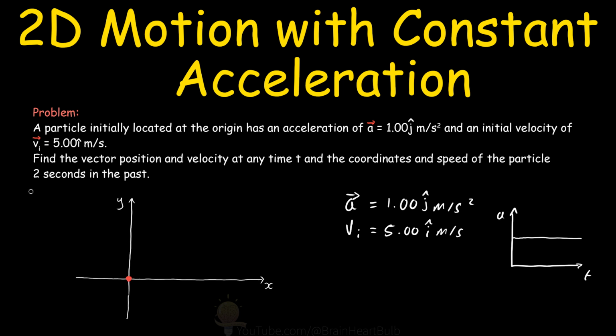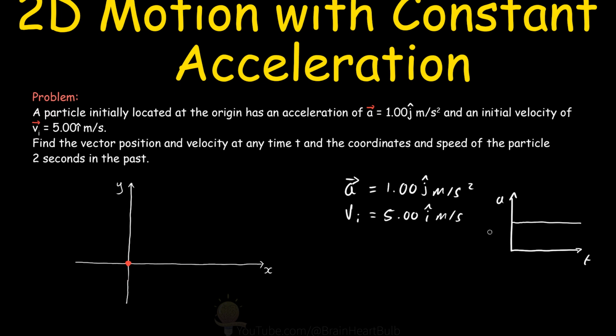And then we can substitute in this time to find out exactly where it was in the past. I've covered the equations of motion in a previous video, and these relate back to one-dimensional kinematics. But because vectors can be split up into their x and y components, we can apply the equations of motion separately to each axis.